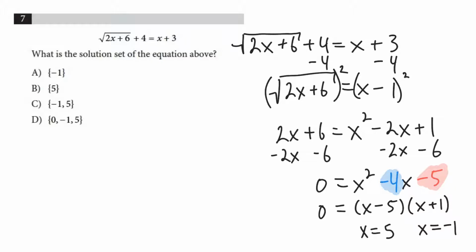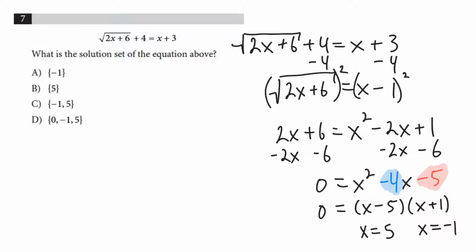Alright, so now, since we solved a radical using a quadratic, we're going to need to check our solutions here. So let's put 5 into the equation and see what we get.